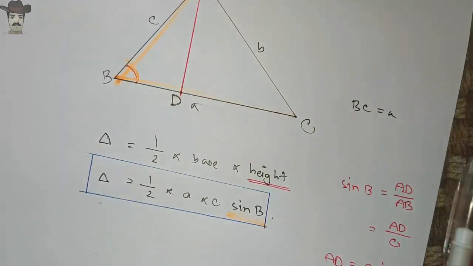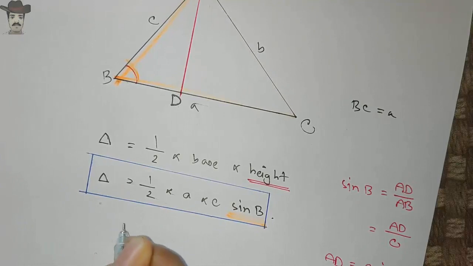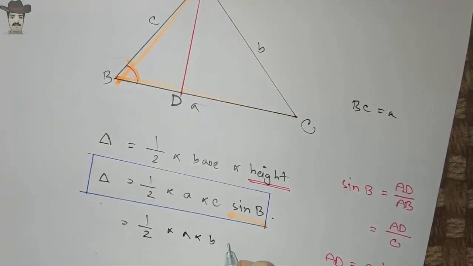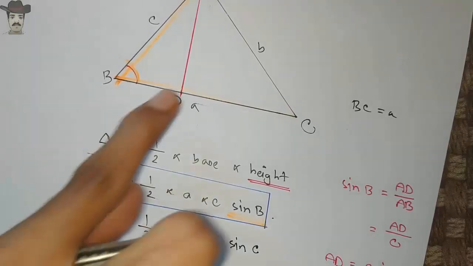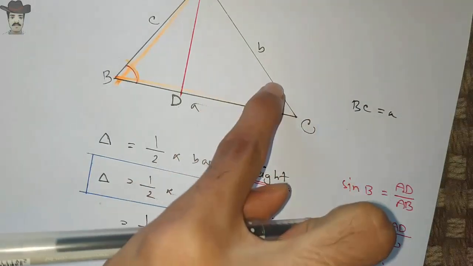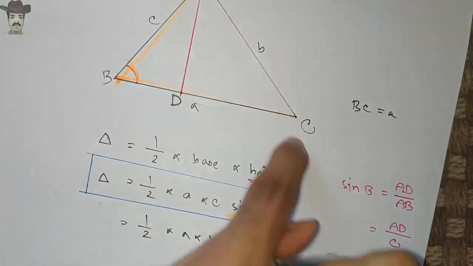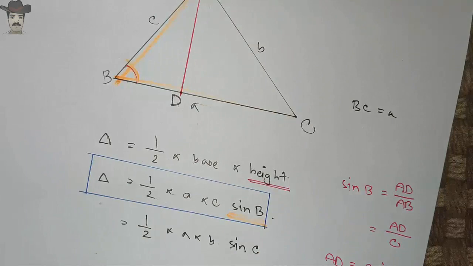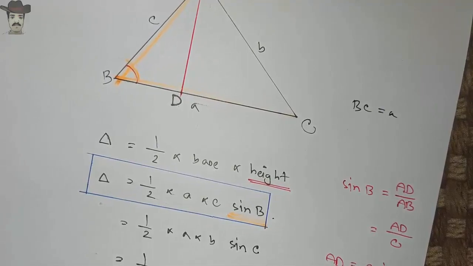So we can also write the area of this triangle as half into ab sine C, because when we take this side and this side, the angle between these two sides is the angle C. And we can also write half into b into c sine A.